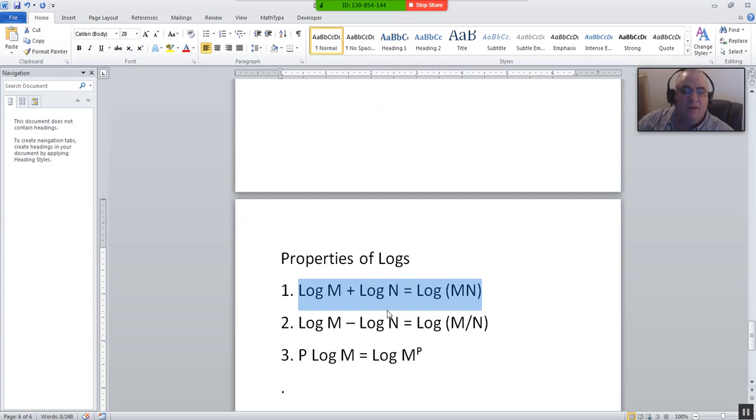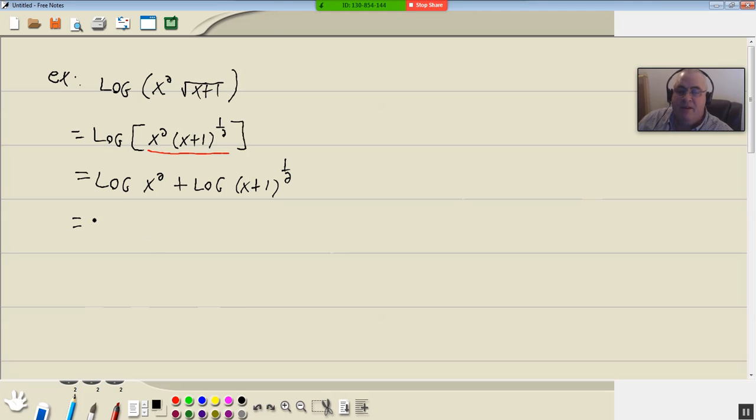And our third property says if you got a power, an exponent, you can put it out in front of your log. So that's going to become 2 log x. Over here, there's one thing left, the 1/2 power. So you put it out in front of your log. And you got 1/2 log x plus 1.